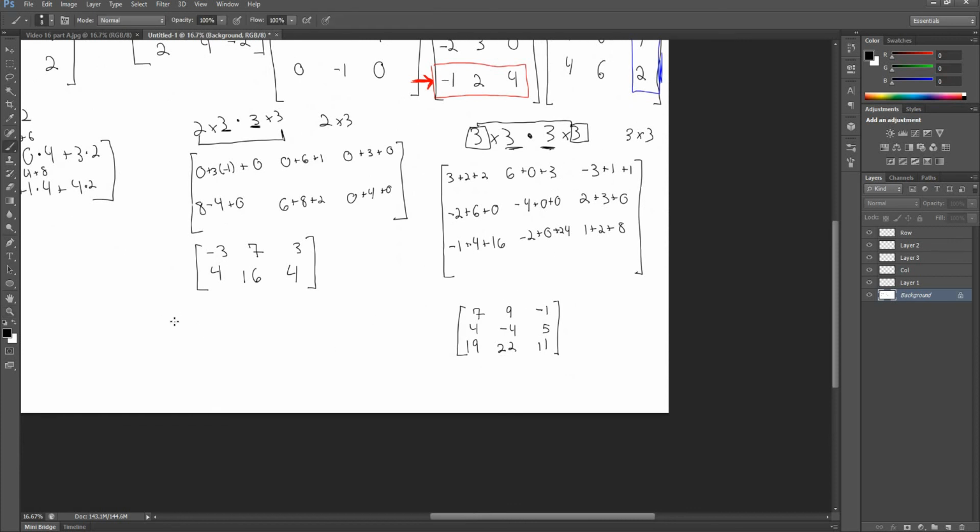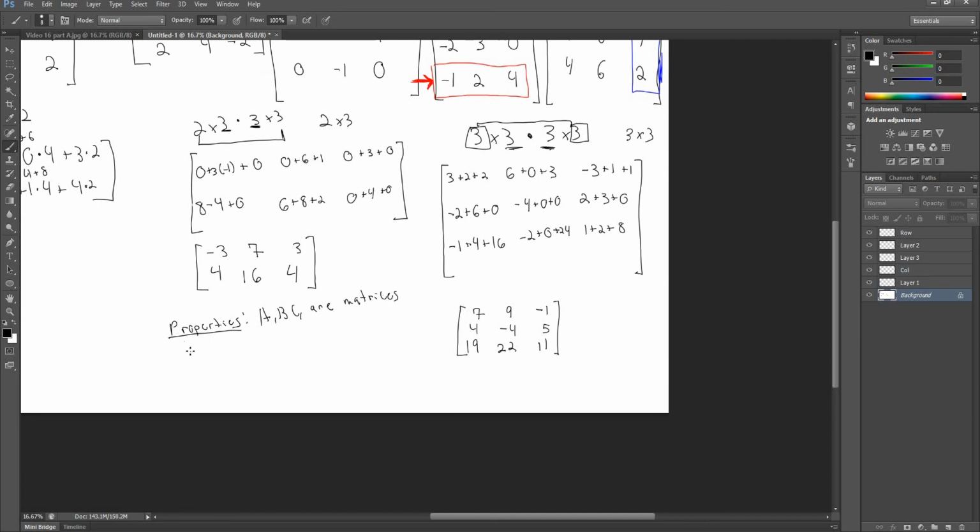So our properties for multiplication. In this case, we need a lot more things defined. So we have A, B, C are matrices.